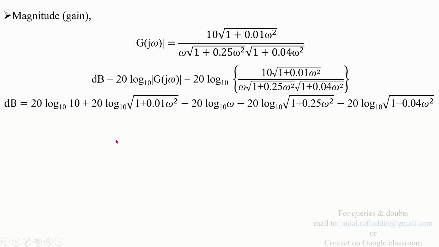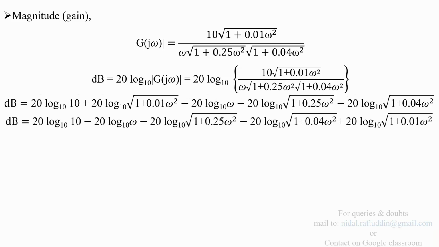Now we have obtained the decibel, a simplified representation, but we are going to rearrange the order in such a manner that the terms that correspond to the smaller corner frequencies arrive first. So we simply rearrange them. We have this term that will always be there in the expression.